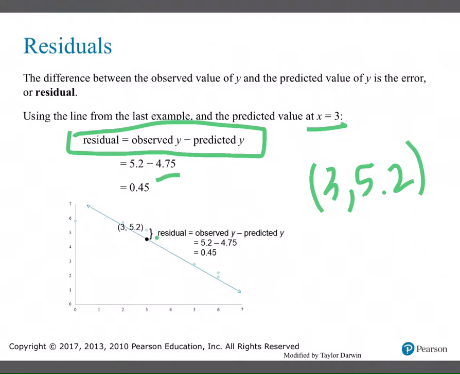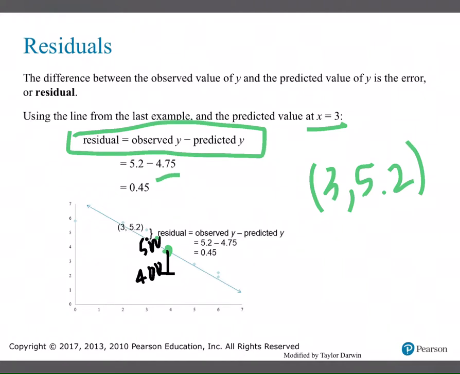And I like to use a car example a lot. So let's say that you take your car to the dealership and they tell you this car is worth, say, $500. I'm going to draw a little dot. How much they think it's worth. But you go out and sell it, and you sell it for $400. So that's a residual.